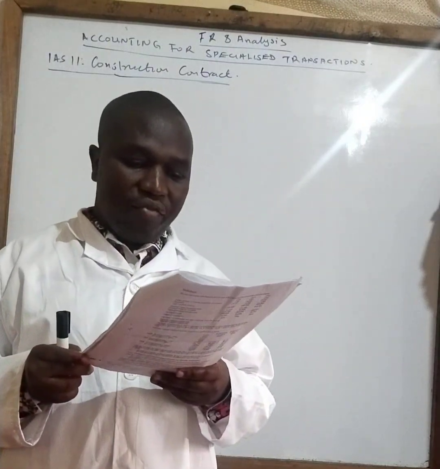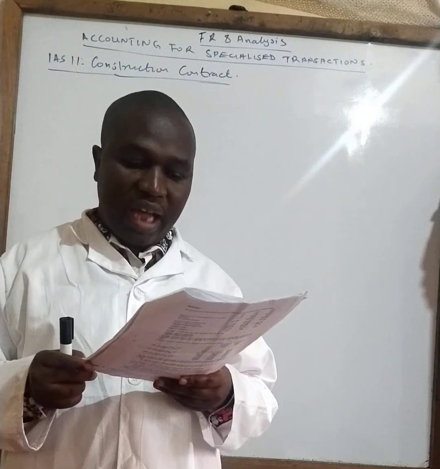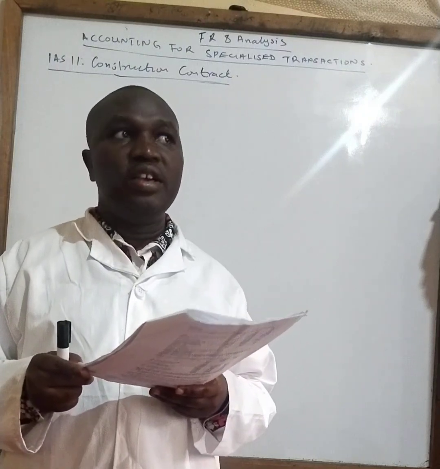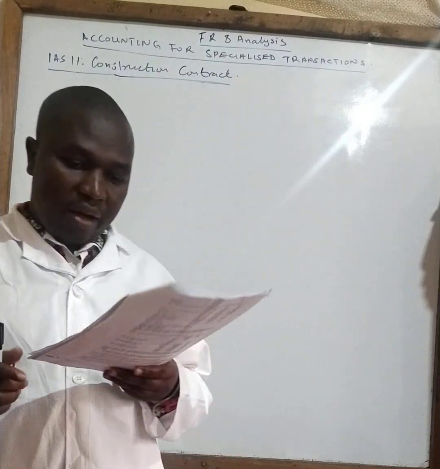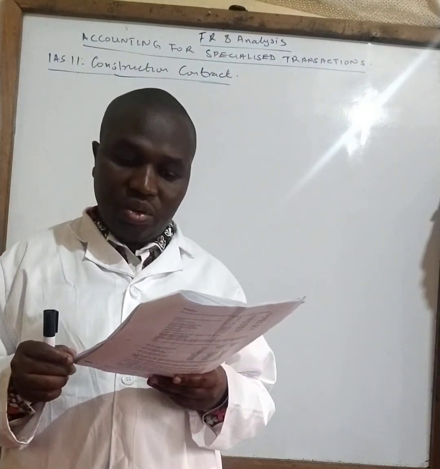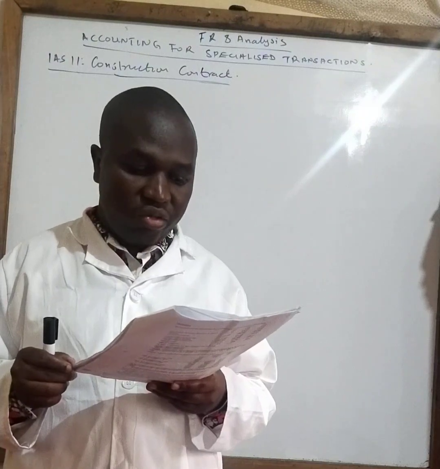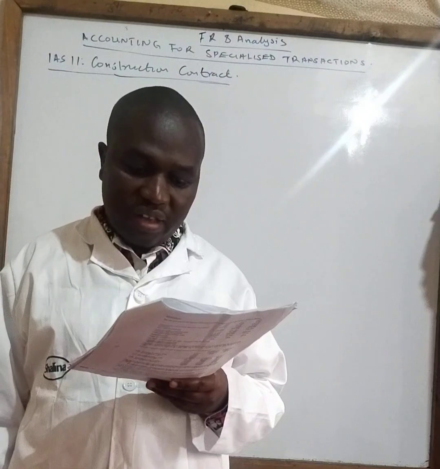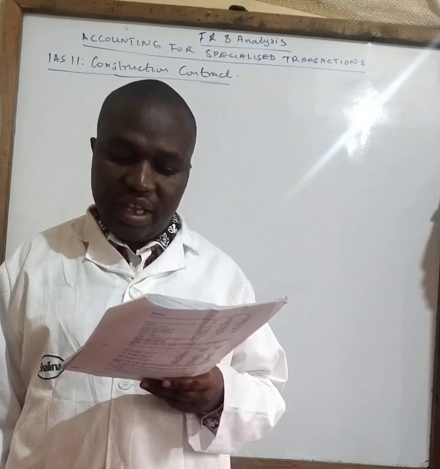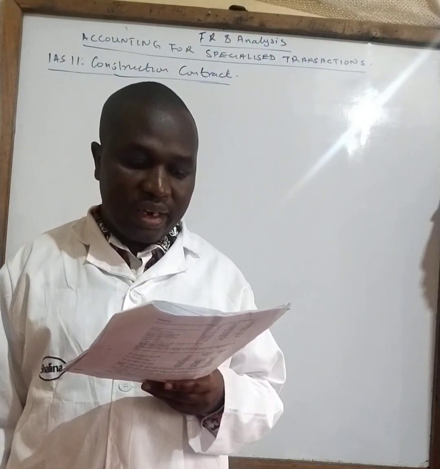Centerpoint Company has a fixed price contract to build a tower block. Fixed contract. This one is now the fixed price contract method. The initial amount of revenue agreed is 220 million. At the beginning of the contract on 1st January 2026, the initial estimate of the contract cost is 200,000.